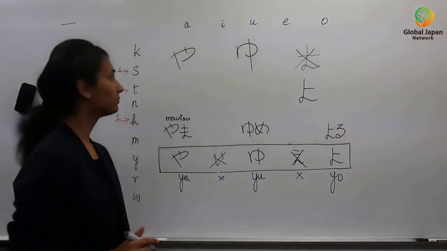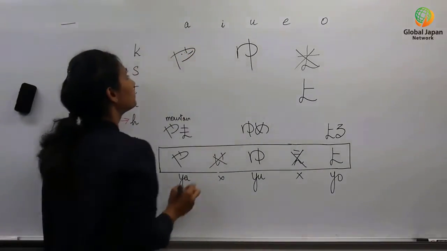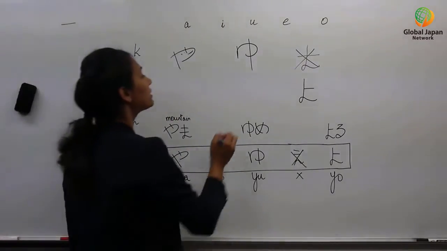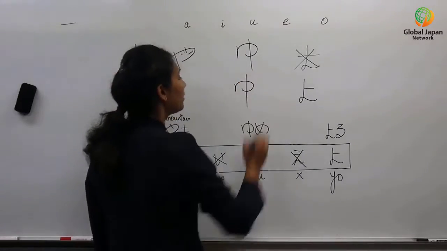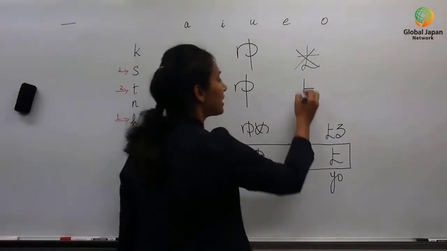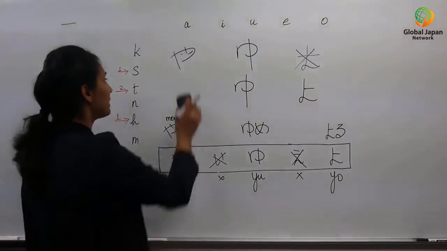Ya is like a giraffe here, a giraffe's face. Yu is an elongated R wherein a line cuts across this. And yo is this L with the line here. So ya, yu, yo is done.